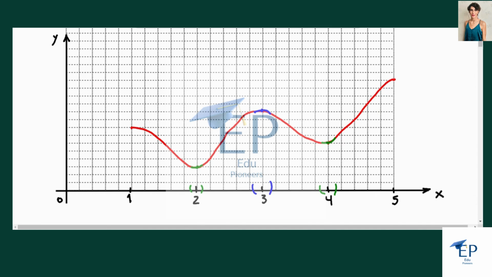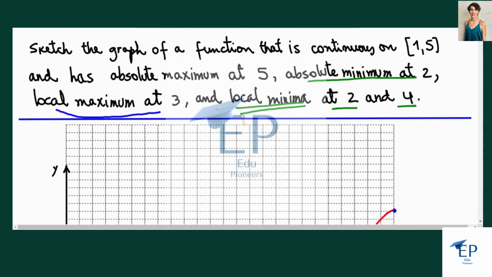So we have there a local maximum, but it's not a global maximum, because the global maximum, or the highest point in the graph when we look at the whole domain, happens at this point here, which is 5, as expected following the statement, absolute maximum at 5.